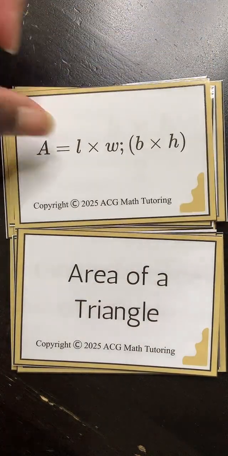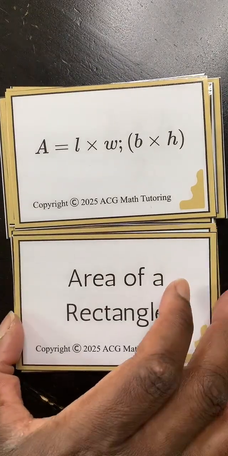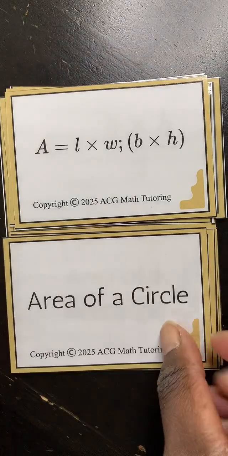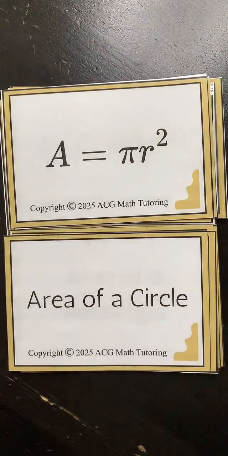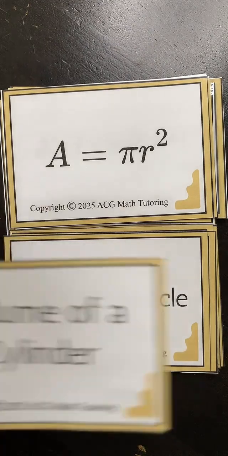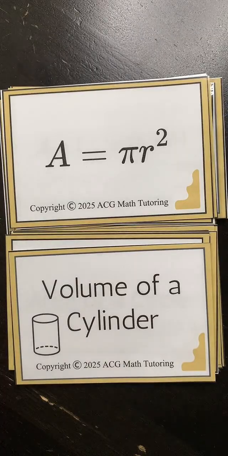Definitely need to have this in your memory for the area of a rectangle. Don't even forget about the area of a circle. So you notice that this is quite a bit, a good handful, because knowing your areas, especially the area of a circle, then you'll be able to get the volume.